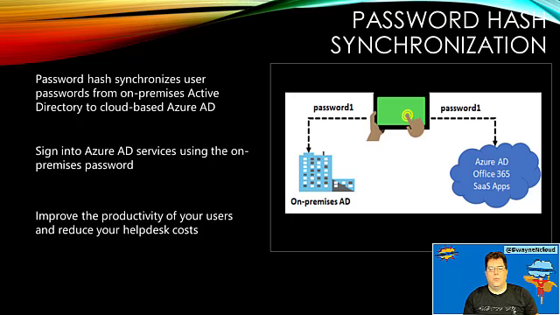So if for some reason the connection to the on-premises Active Directory is temporarily down, users still have the capability to utilize that password to get to their cloud services. So there's much more improved productivity for our users in the case that there's a power outage in your on-premises data center or something like that.